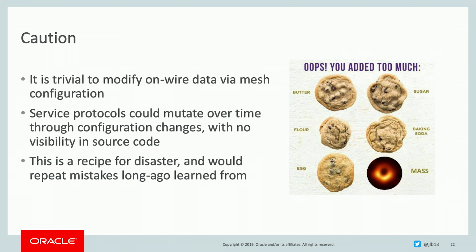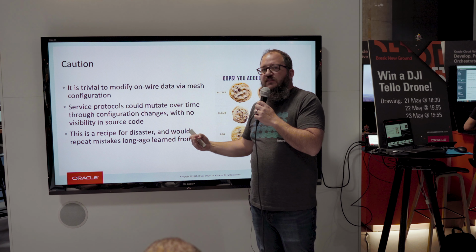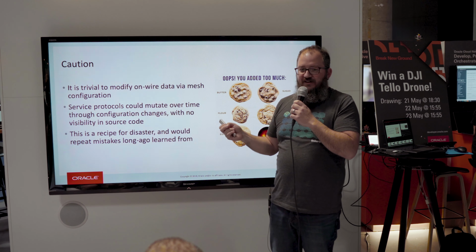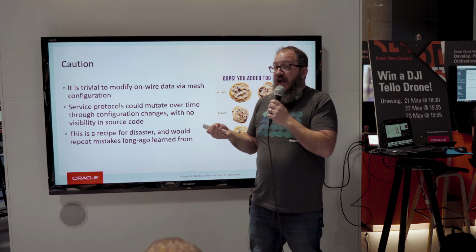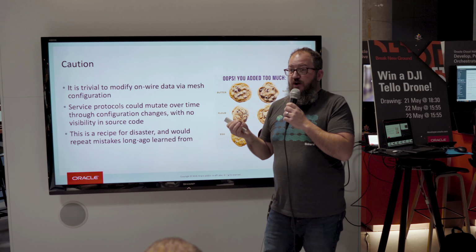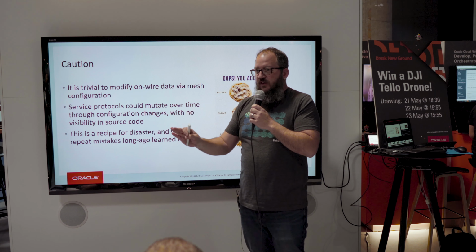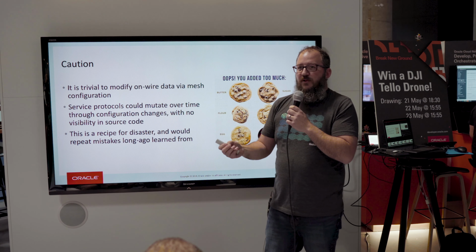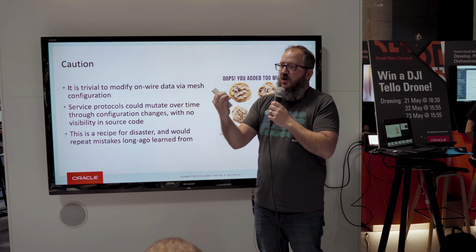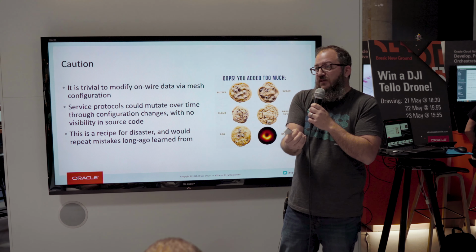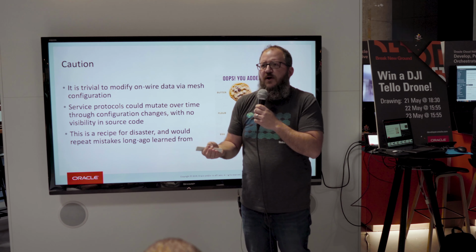So one thing about that is we're mutating data on the wire, and this is something that's going to start occurring to people more, I think: you can abuse that, right? You can inadvertently change your wire protocol without any changes in your source code. So this becomes this really classic problem of configuration starting to mandate what your runtime looks like. And when you go to fix bugs in your source code, you can't find the problem, right?